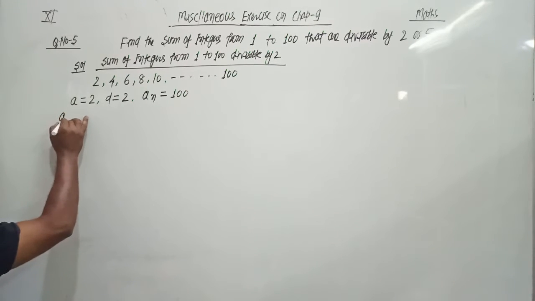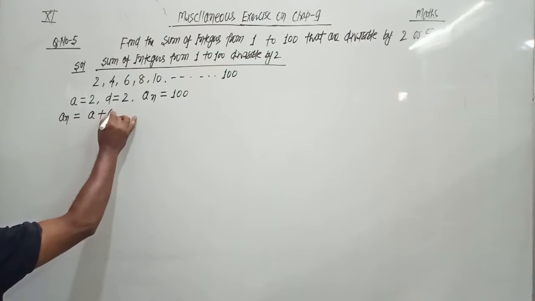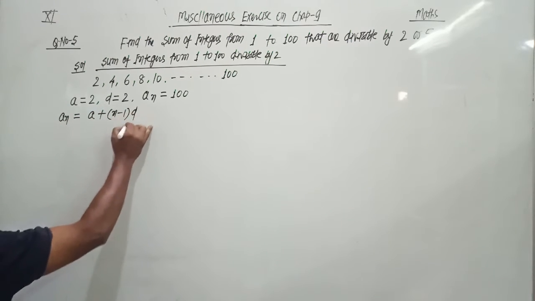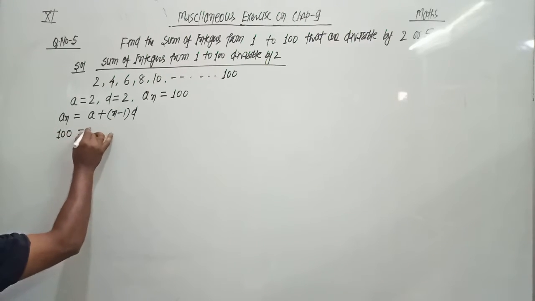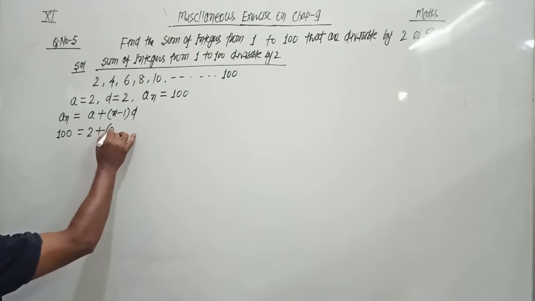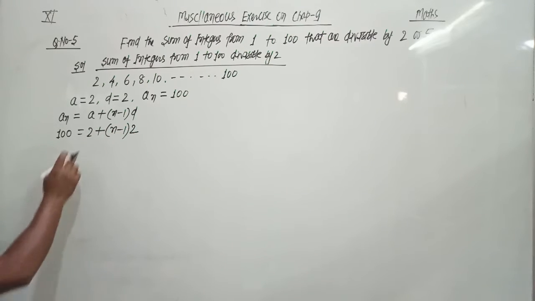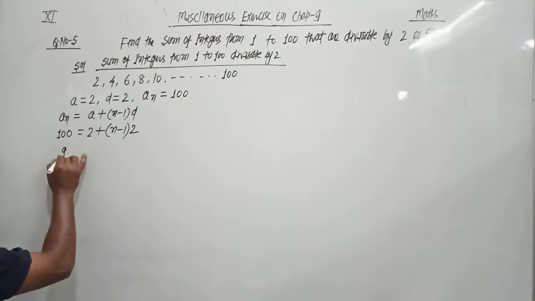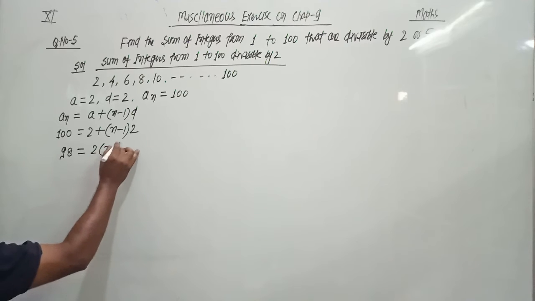The formula is an equals a plus n minus 1 into d. The last term an is 100, the first term is 2, and the common difference is also 2. So 100 minus 2, 98, equals 2 into n minus 1.